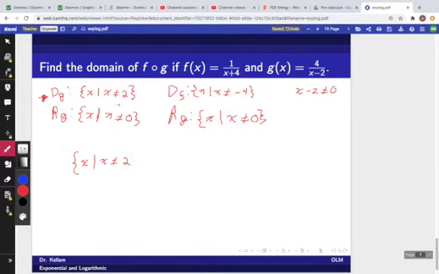Now let's talk about the range of g. Is negative 4 in the range of g? The answer is yes, which means we need to figure out what x value gives us a negative 4. Because if we get a negative 4 here, we would have to put the negative 4 into f, and that is not going to work. So, negative 4 equals 4 over x minus 2.